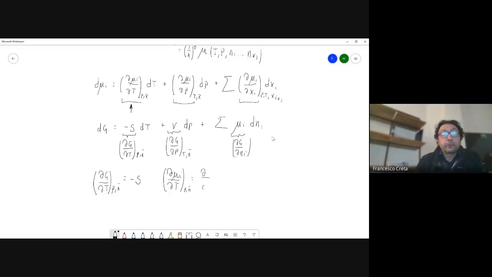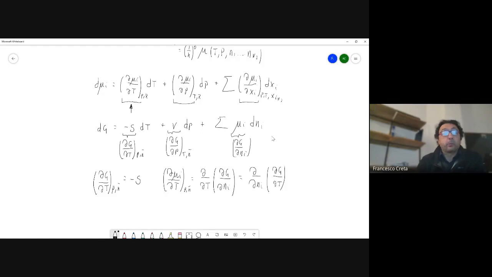This is the derivative with respect to temperature of mu I, but mu I, we know by definition, is dg by dni. So we can switch the order of differentiation, and now differentiate with respect to the number of moles dg by dt.